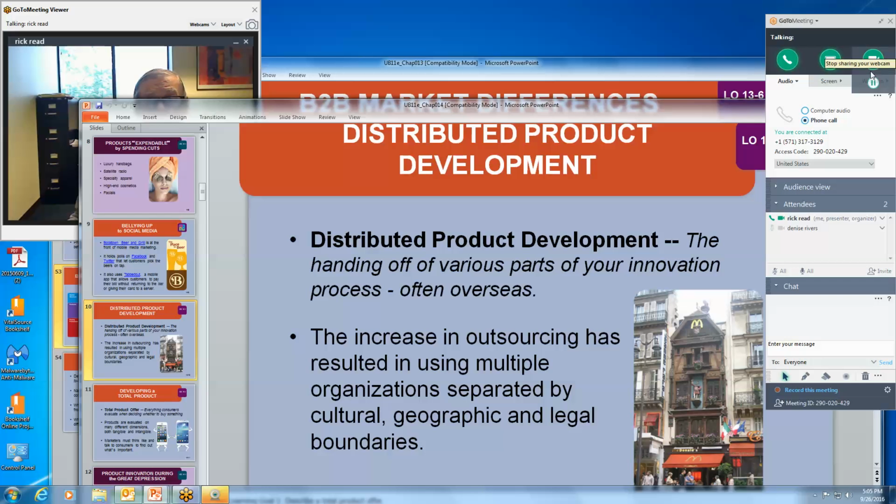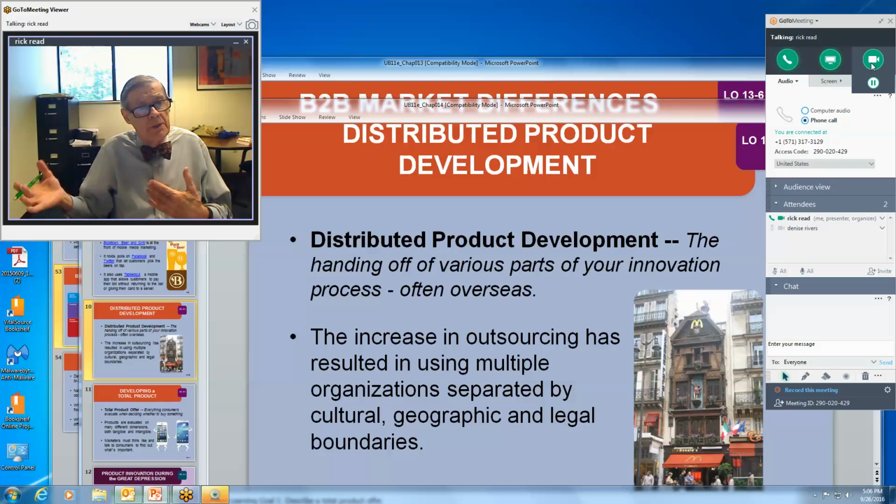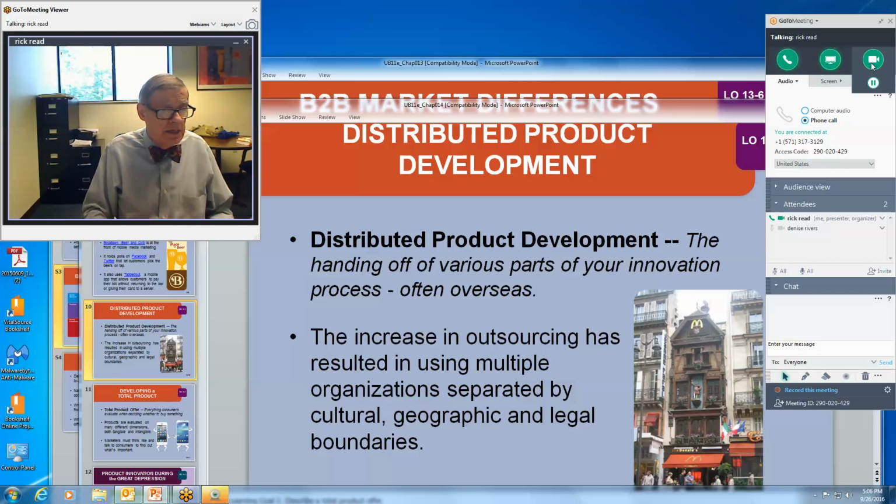One of the things that's important, we mentioned before in the 4 Ps, is making sure that we have the product at the place that people want to buy it, or that people frequent so they can buy it. So there's something called distributive product development. That's handing off some of what you do to other people, many times overseas. And of course, we have a lot of outsourcing, and I'm not going to get into that because that's a different issue.